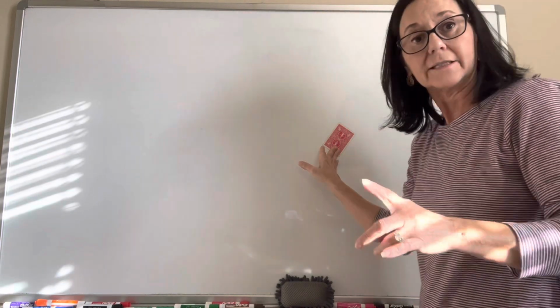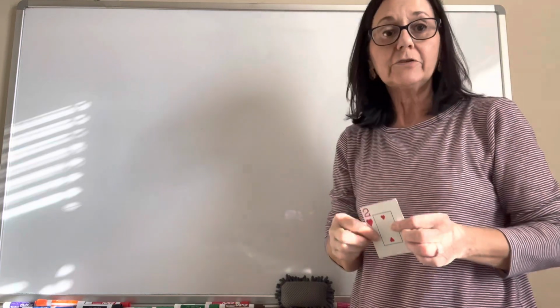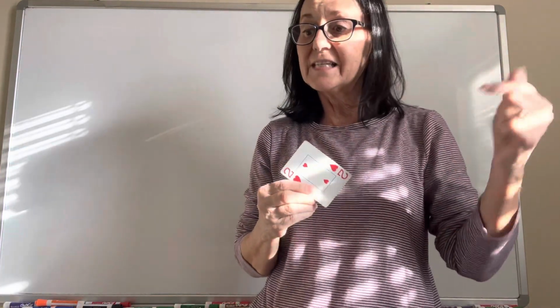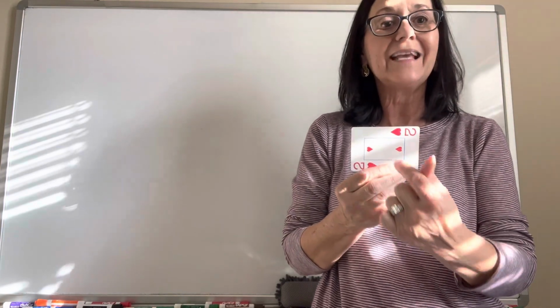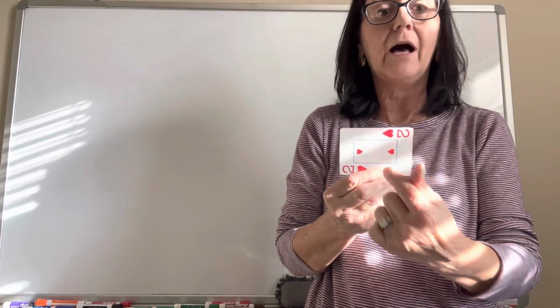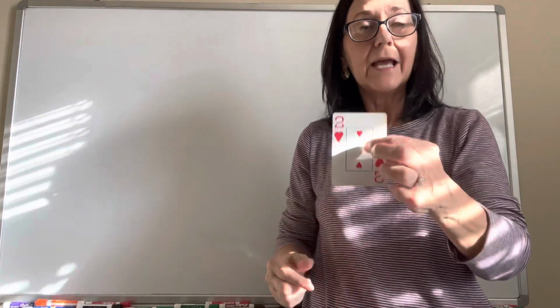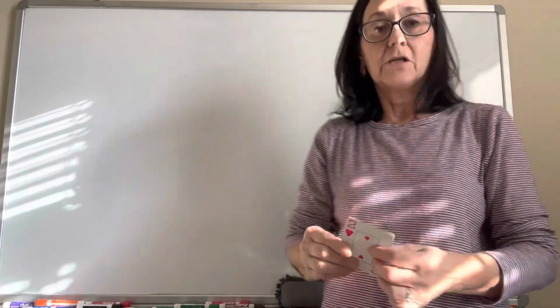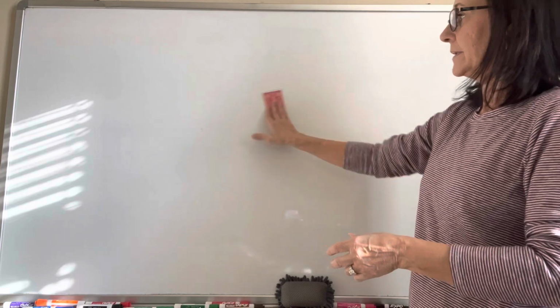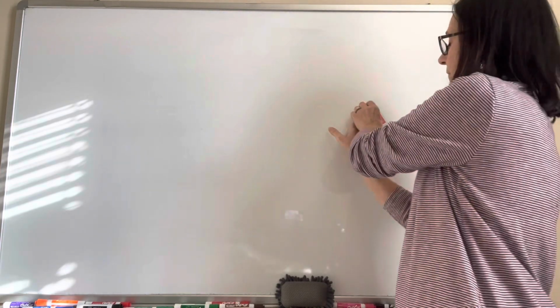But that's not rotation symmetry. In order to have rotation symmetry, the center of rotation has to be on the object, in the middle of the object, right? The point of rotation or the line lies on the object. So rotation can be like this and have nothing to do with symmetry.